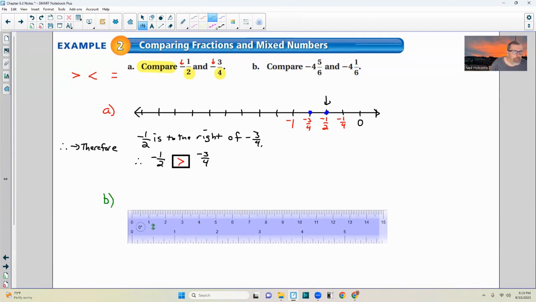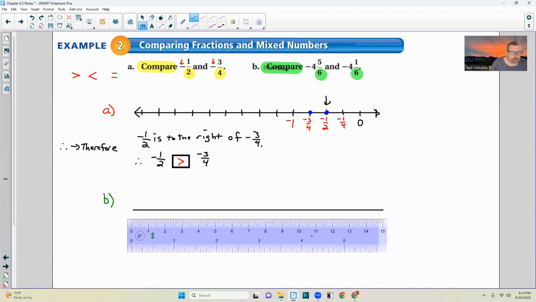B is to compare these two. So again, B is saying compare, and our denominator is 6s. So we want to go in increments of 1/6. Let me switch back to my pen and use black and make a nice straight line with the ruler.